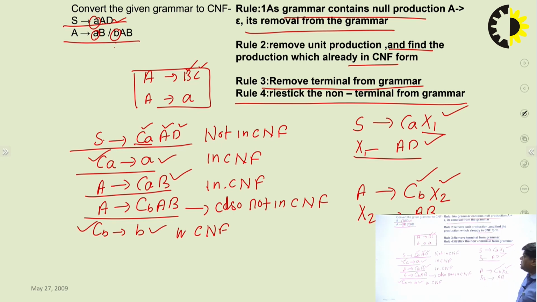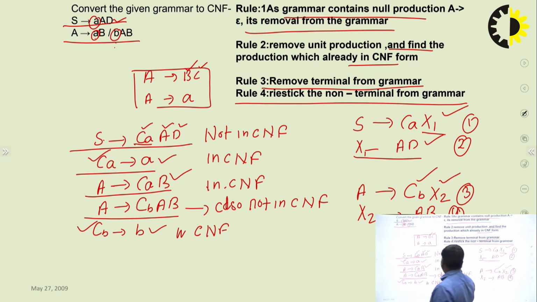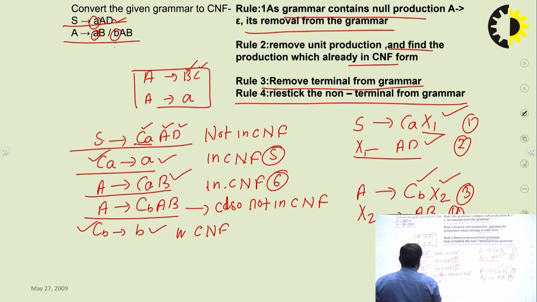Now, what is the final solution? The final solution for this problem is production rule 1, production rule 2, production rule 3, production rule 4, production rule 5, production rule 6 and production rule 7. If we write these 7 production rules, it means this context free grammar is converted into the Chomsky normal form.